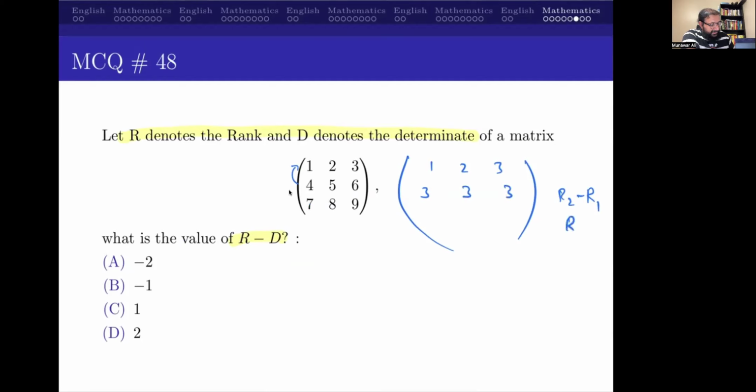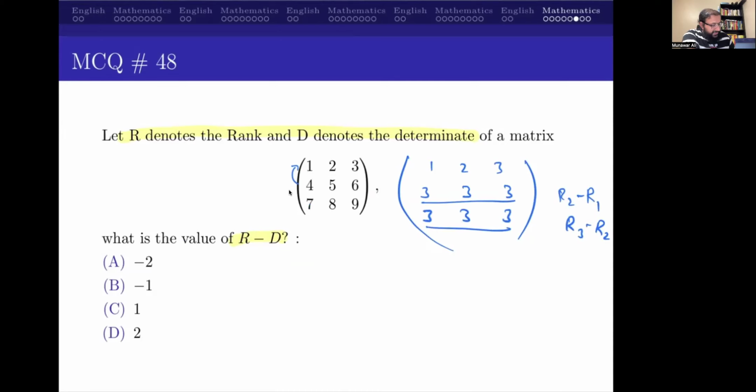And then I'm doing maybe R3 minus R1. Doesn't matter. So 7 minus 4 is 3, 8 minus 5 is 3, 9 minus 6 is 3. And you can see these both are equal. So I can divide by 3.